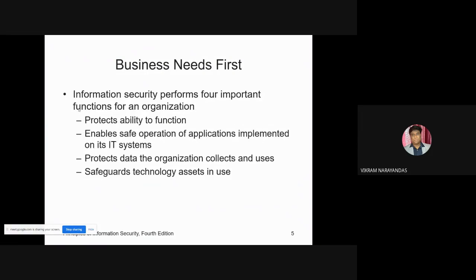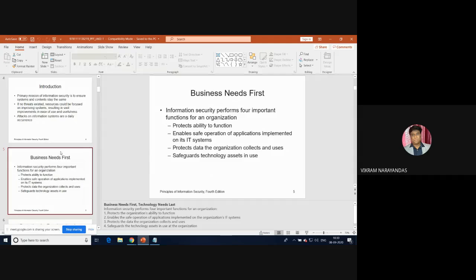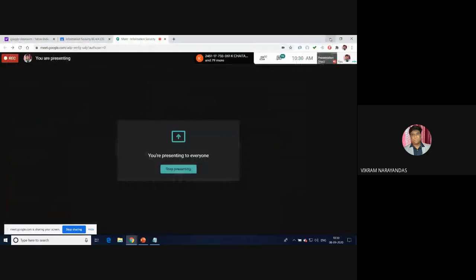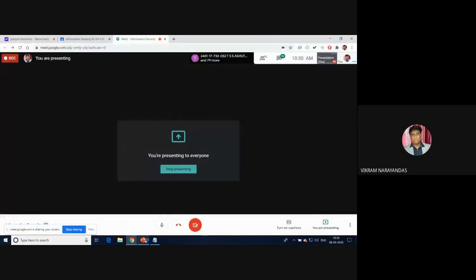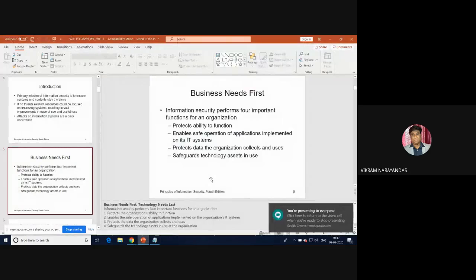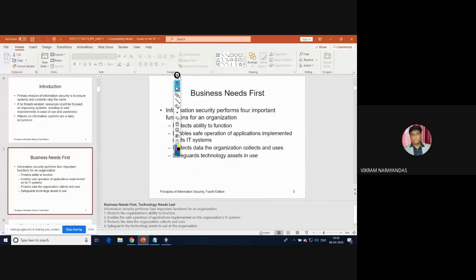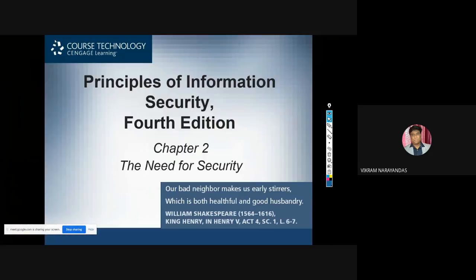We completed protects the ability to function, enables safe operation of applications implemented on its IT, protects data the organization collects and uses, and safeguards technology assets.